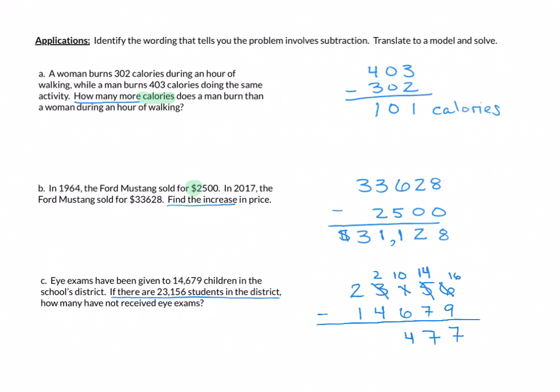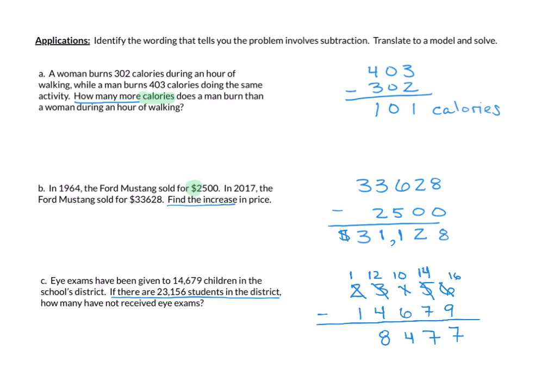And we move to the left. Can I do 2 minus 4? No. So we need to borrow. I'm going to take 1 away from the 2. It becomes a 1. My second 2 becomes a 12. 12 minus 4 is 8.